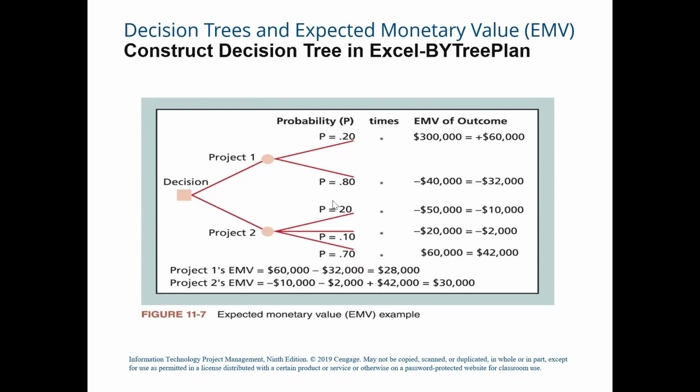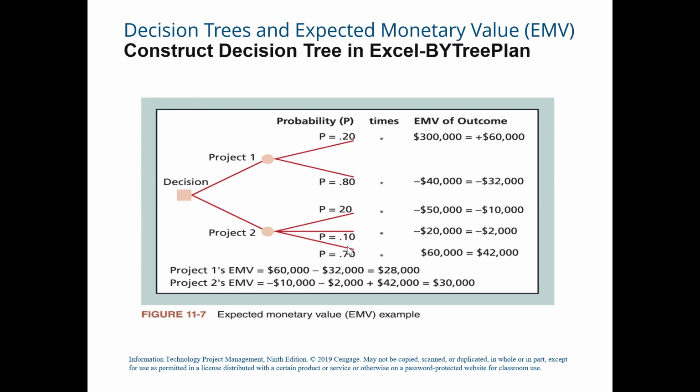Similarly, for project 2, we have three probabilities. The negative signs mean these are the risk probabilities of losing the project. So there is a 20% probability of losing, and it costs us minus $50,000. Minus 0.1 means a 10% chance of losing, and it costs us $20,000.